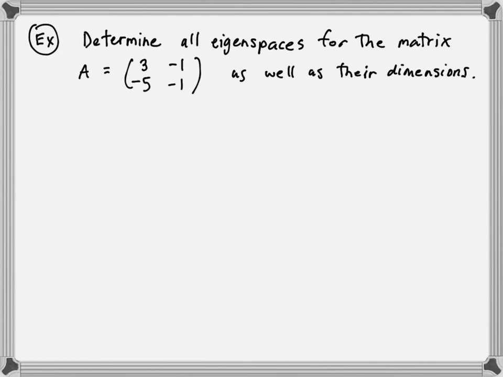So we're going to begin the same way we start every eigenvalue problem, by finding the characteristic polynomial. So P of lambda, remember, is equal to the determinant of, we're going to take lambda away from the diagonal elements, right?